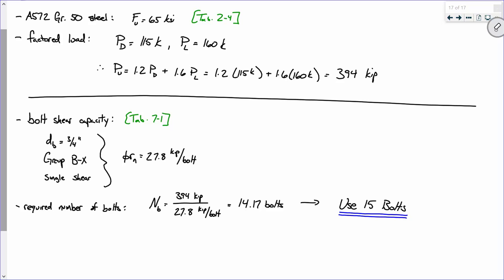What's the problem with using 13 bolts? Unlucky number. Yeah, okay. There you go. You have a nice little grouping of bolts, but it's a prime number.